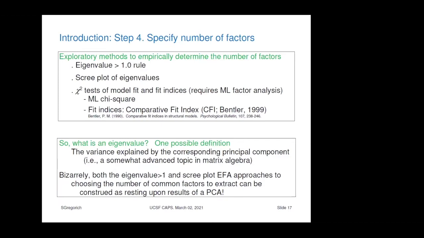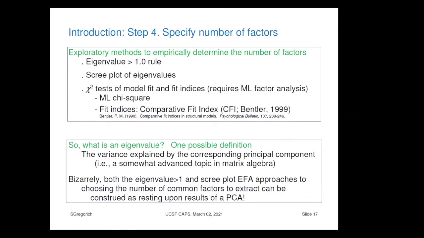So some of the ways of determining the number of factors: there's an eigenvalue greater than 1 rule, there's a scree plot, there's chi-square tests of model fit, and under that I include these fit indices.